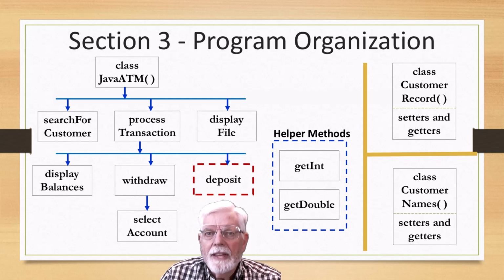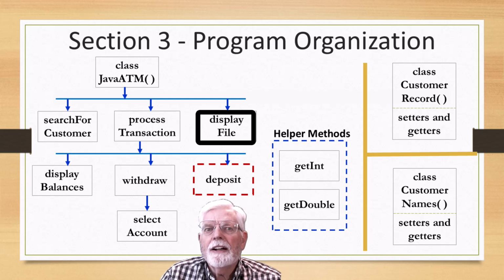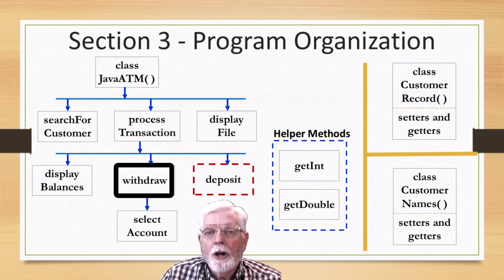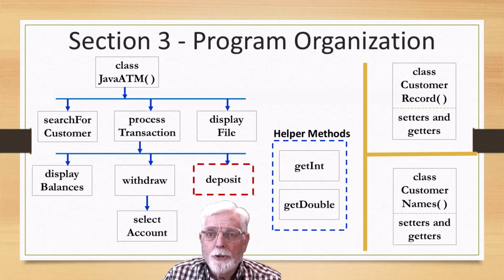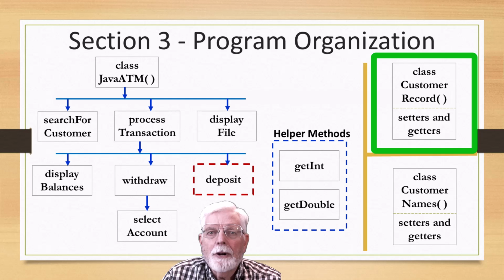The names of each module in class ATM are search for customer, process transaction, display file, display balances, withdraw, deposit, and select account. There are 2 helper modules also included, getInt and getDouble. Class customer record() contains variables that can hold the data for one customer record from the customer accounts.txt file.